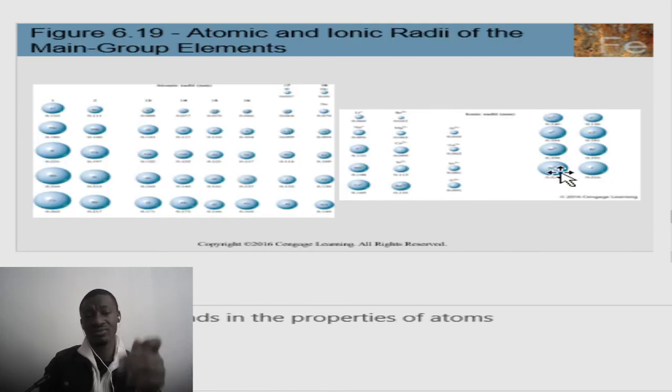So this is what the comparison looks like between the atomic and the ionic radius on the periodic table, the trend. Remember we said for atomic radius you have a decrease across the period and an increase down the group, and then for the ionic radius, notice radius, radii, singular, plural.